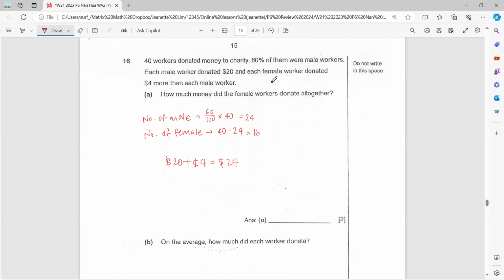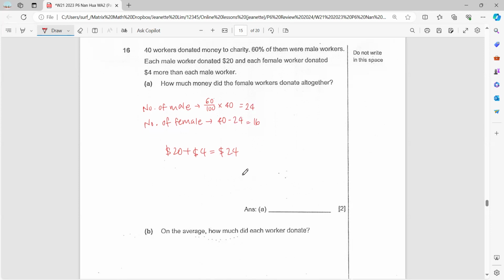How much did the female workers donate altogether? There are 16 female workers, each of them donated 24, so I'll take 16 times 24. $384.